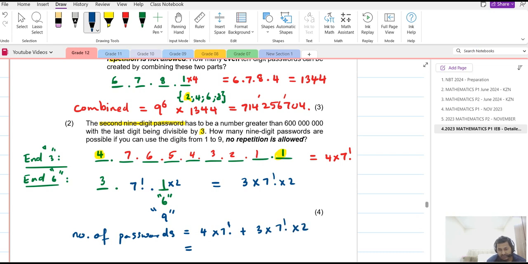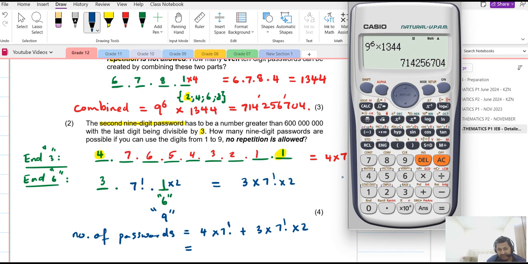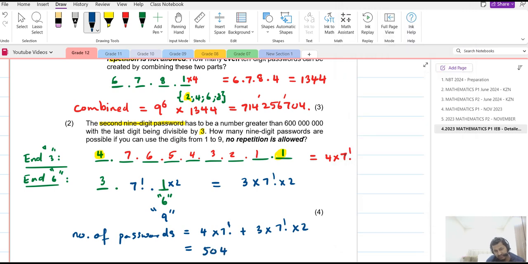Right, so now we're going to work this out. I'm going to take out 7 factorial. So I've got 50,400.